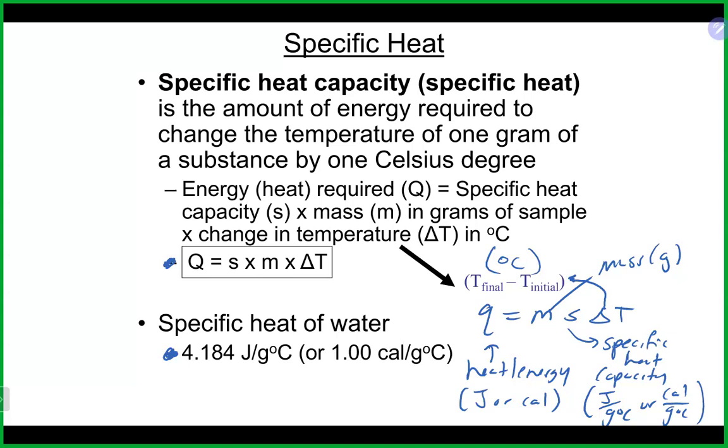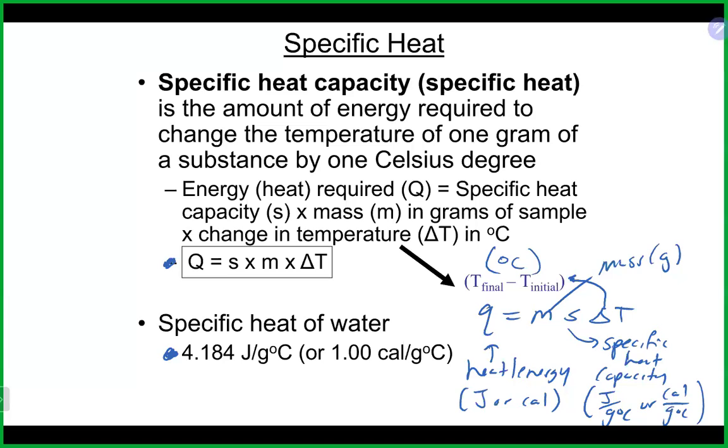Now, m is going to be a positive number. S, the specific heat capacity, is also a positive number. That means the only way you can get a negative Q is from the temperature value. That's why you always want to do final minus initial, not what a lot of people commonly do, which is just take the difference of the temperatures.